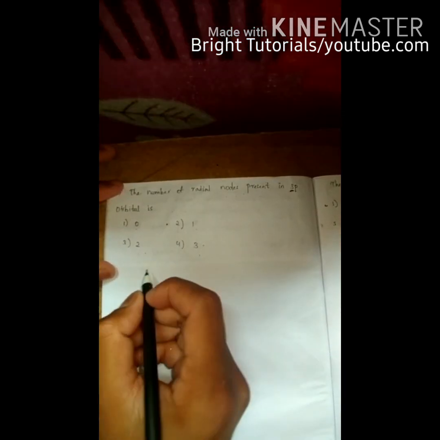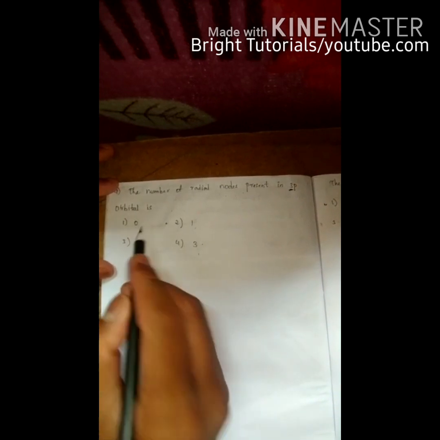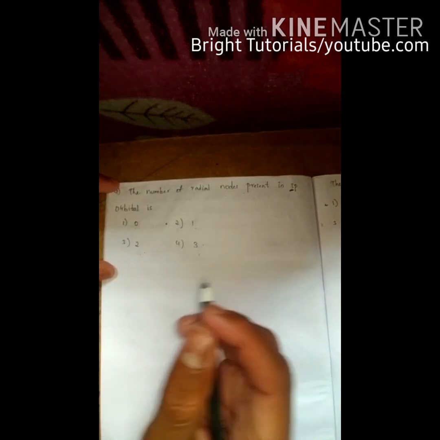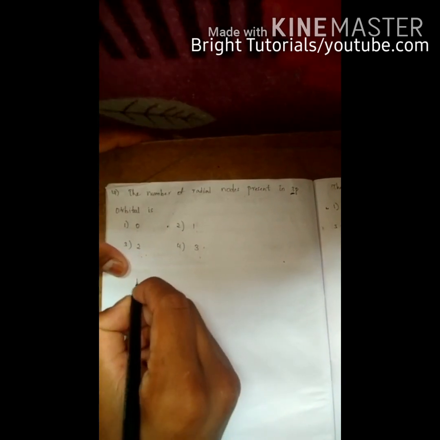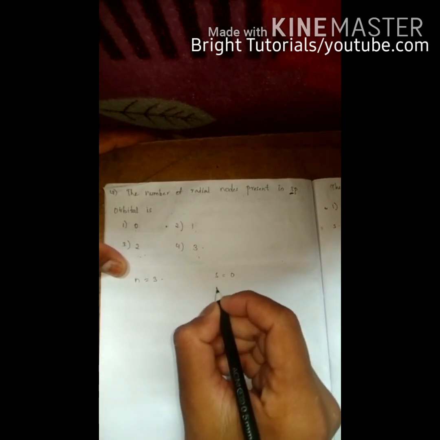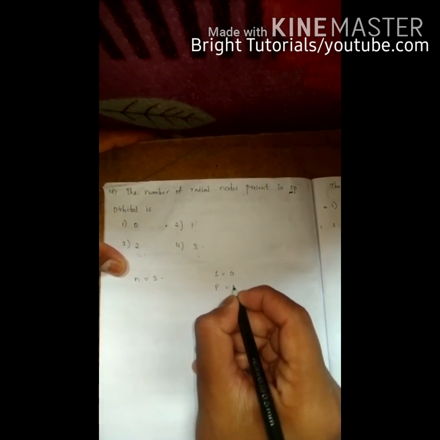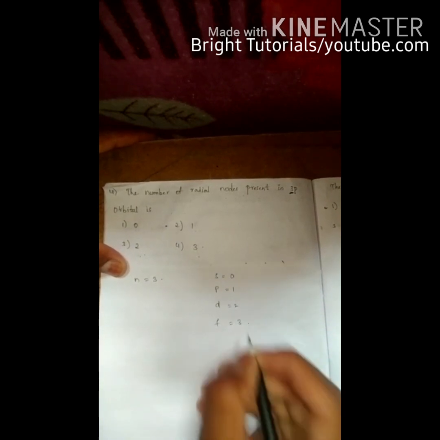The next question is, the number of radial nodes present in the 3p orbital is 0, 1, 2 or 3. So we know that n is equal to 3, and we also know that in quantum numbers s is equal to 0, p is equal to 1, d is equal to 2 and f is equal to 3.